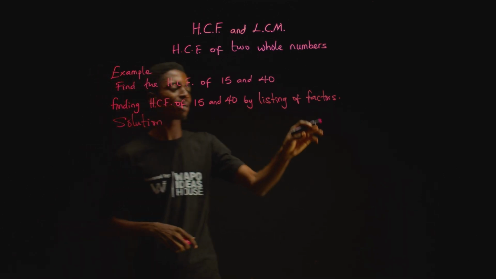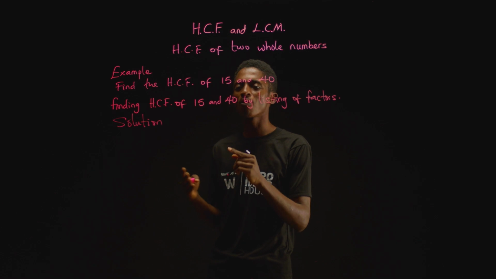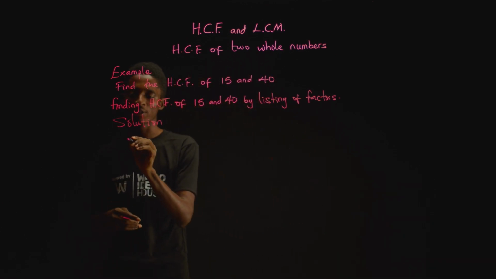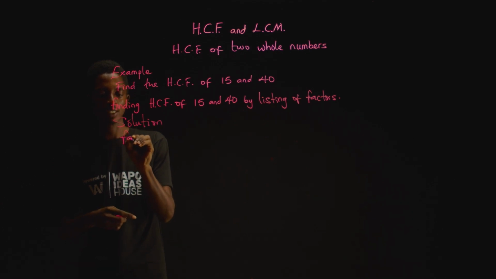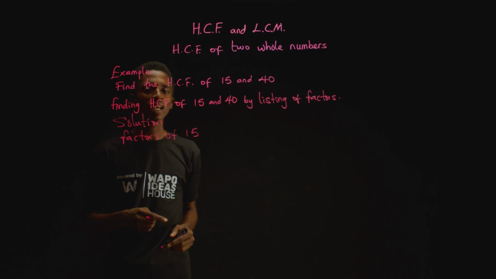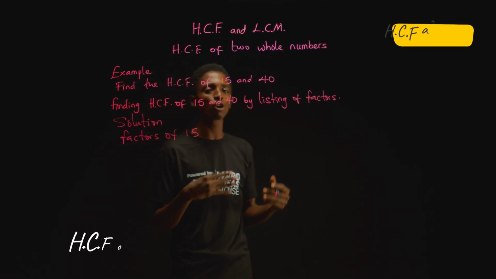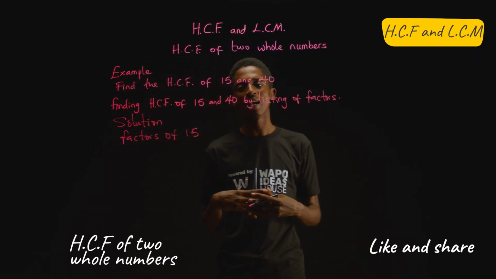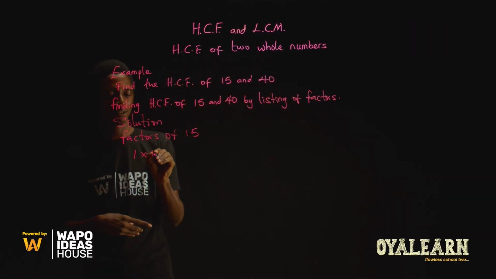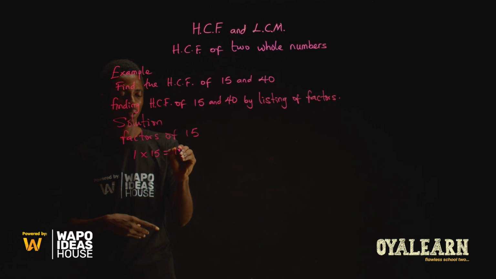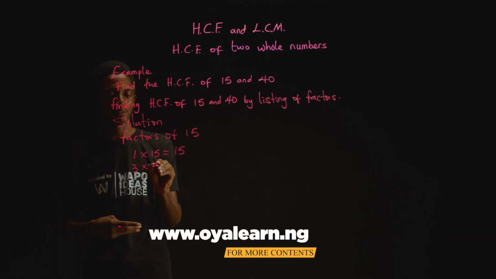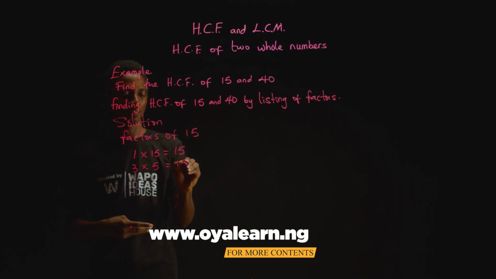So to use this method, you start by looking for the factors of individual numbers. Let's start with 15. Factors of 15. To get the factors of 15, we look for numbers that multiply into each other to give us 15, such as 1 by 15 would give you 15, and then 3 multiplied by 5 would give us 15.